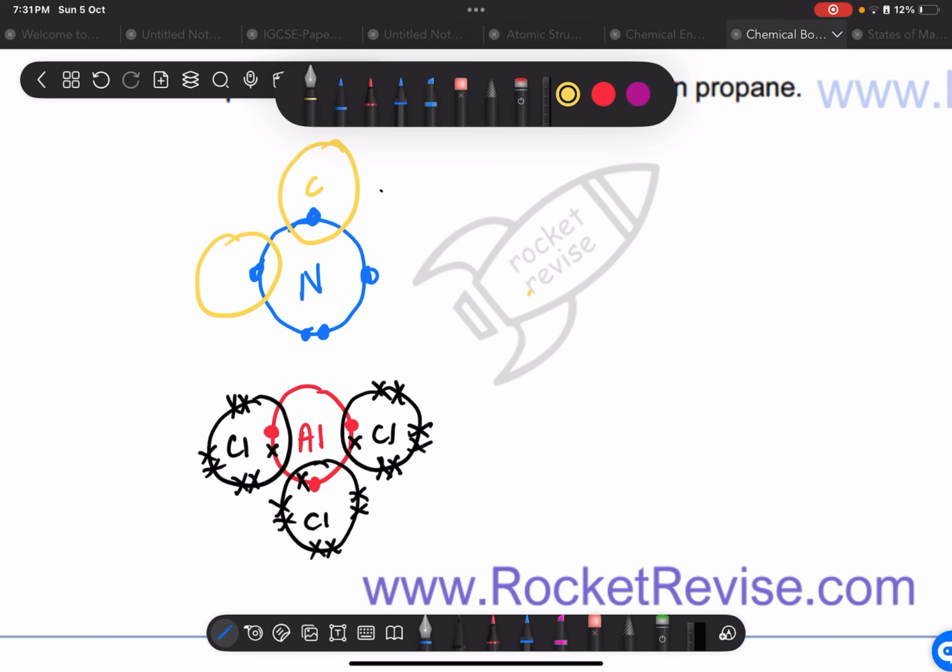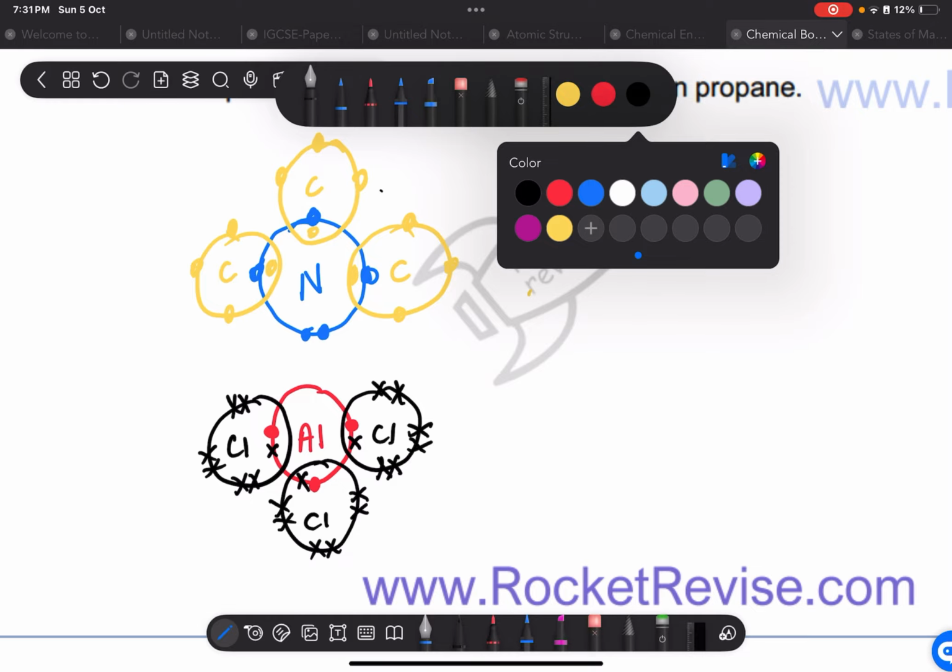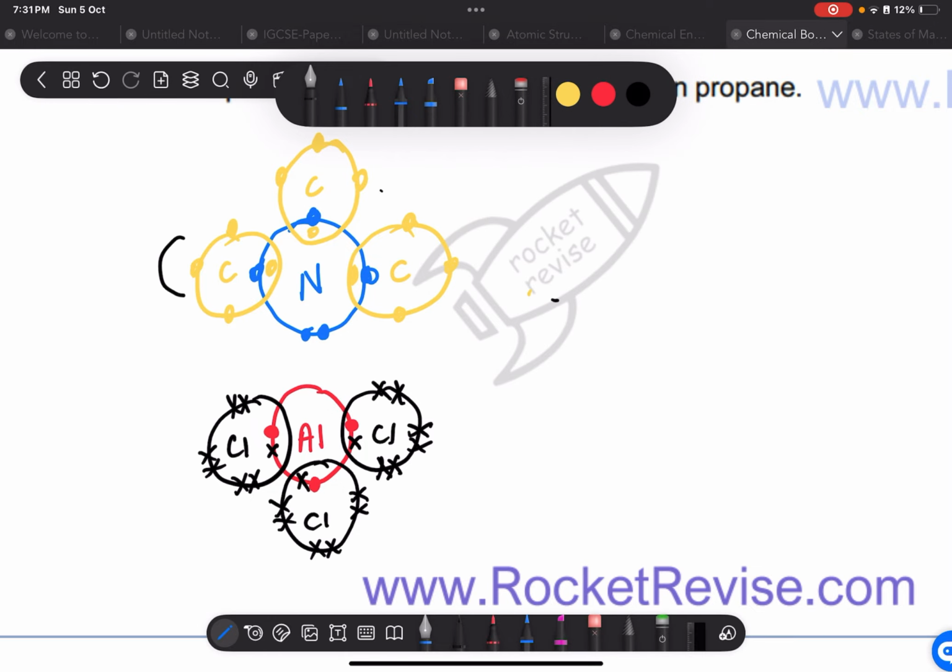Carbon 1, 2, 3. Each has 4 electrons. And now there are going to be hydrogens, 3 hydrogens attached to each carbon like this.